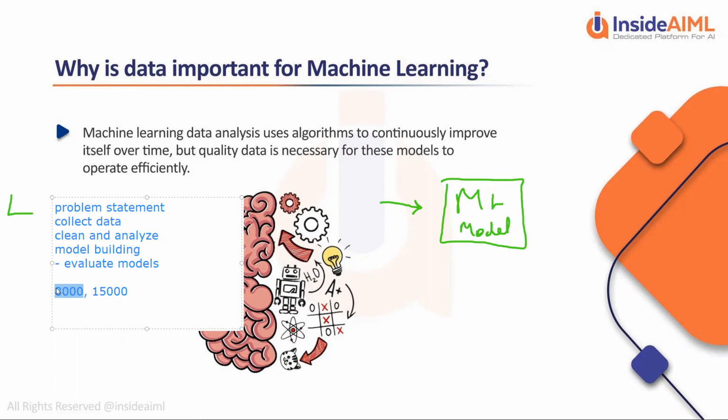Sometimes your bike might be worth 8,000, but your model has predicted that you should sell it for only 1,000 rupees. Again, you're going to make a loss in that case. So we need to make sure that our model is working properly. So we evaluate our model, and there are different ways of evaluating your models that you will see when you reach machine learning.